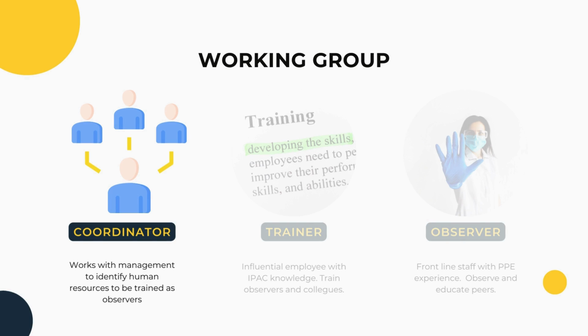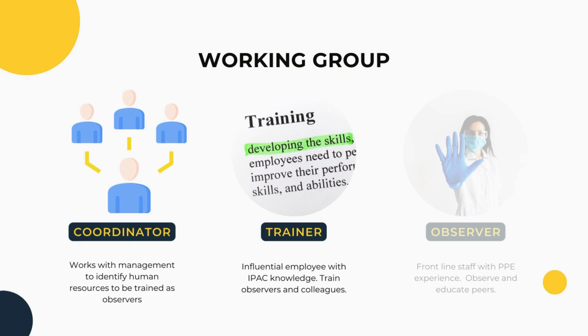A working group or committee can be established to champion your PPE auditing program within your organization. This group can consist of a coordinator or person responsible who works with the management team to identify individuals or resources within the hospital to be trained as in-house trainers and observers.